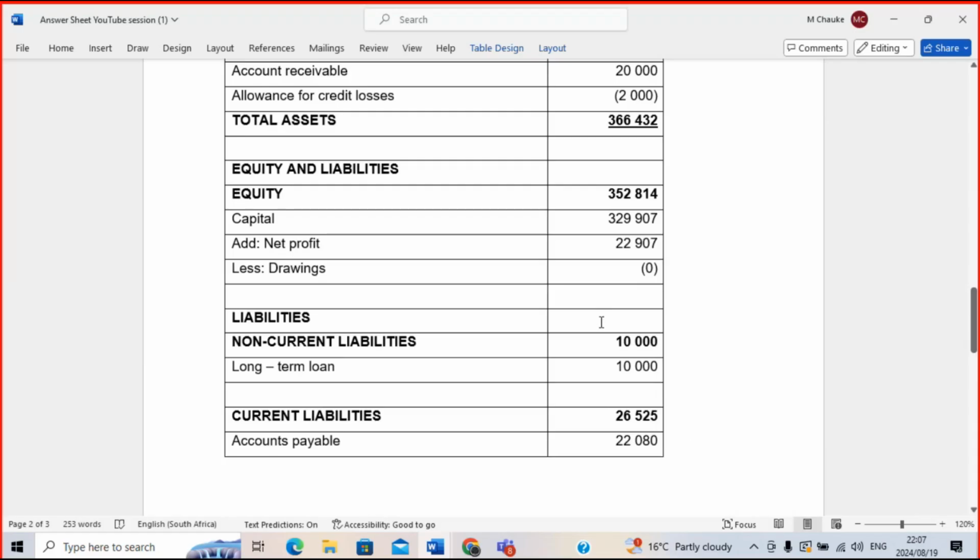Or what we can do first, we can add liabilities first. To add liabilities is going to be non-current liabilities plus current liabilities. So it's going to be 36,525, if I'm not mistaken. Just double check our total liabilities there.